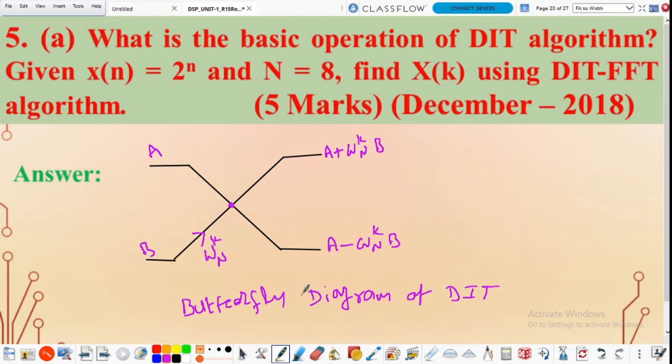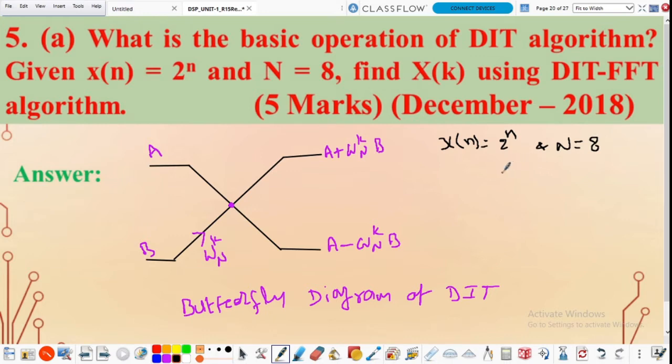Now coming to the solution, the given problem explanation. What is the given sequence? Given that x of n is equal to 2 to the power of small n, and also given the 8-point DFT, that is capital N is equal to 8.